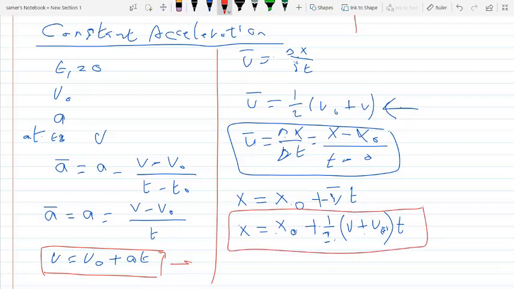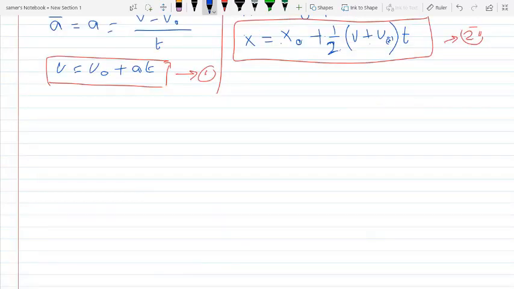Let's call this equation 1 and this equation 2. Now let's rewrite equation 2 in another form. x equals x0 plus 1/2, instead of v, we can write v0 plus at, plus v0, times t.